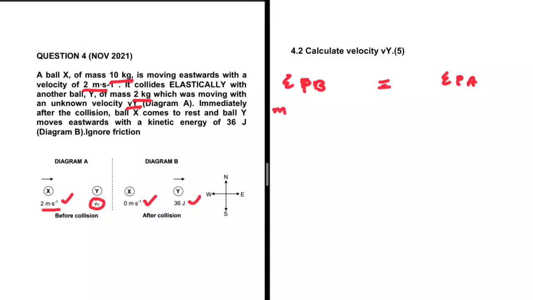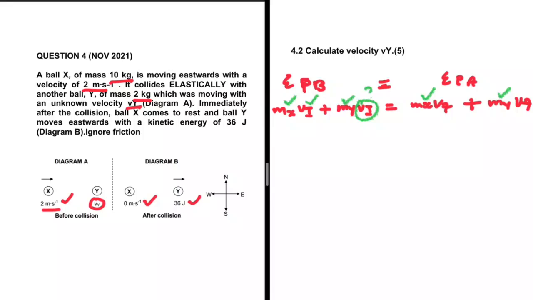So we're going to have mx vi plus my vi being equal to mx vf plus my vf. Okay, obviously we have the mass mx and my together with mx and my after the collision. The mass doesn't change. We have vi for our ball X before the collision. Vi for our ball Y is what we are interested in. Okay, that is our unknown variable.